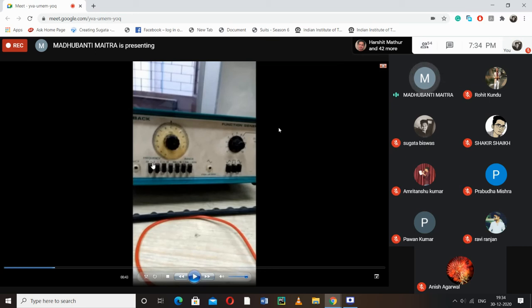But if I want to fix the frequency at 30 hertz, then I'll have to use this particular knob, and by tuning this knob, I can fix the frequency at 30 hertz within this range. Is it clear? Yes, ma'am. So by pressing these keys, we are selecting a range, and with this dial, we are selecting a particular frequency within this range.